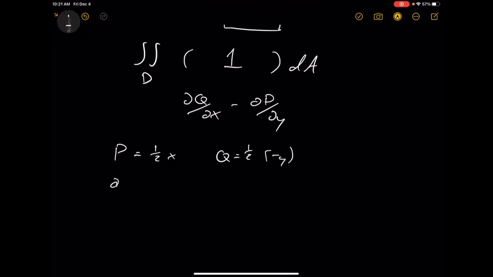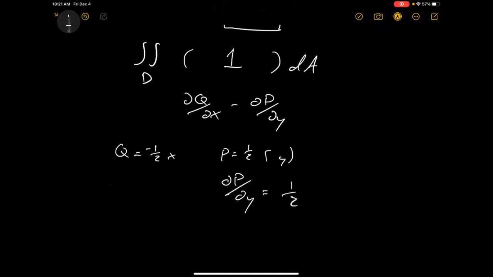Why do they choose these? Well, we could have chosen a lot of different ones, but when we differentiate this, when I do ∂P/∂y, what do I get? I get negative 1/2. And when I do ∂Q/∂x, what do I get?